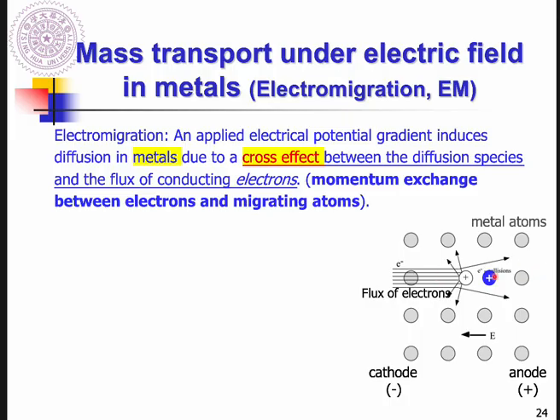And as long as a metal ion moves, it will leave a vacancy here. This is what we call electron migration: the electron flow induces atomic migration.